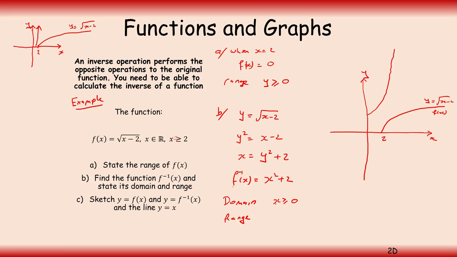Y is greater than or equal to 2. Which is why it starts at 0 and grows unbounded there. And if we draw a y equals x line, see if I can do a dotted line through there. There you go. This is f, the inverse function here.